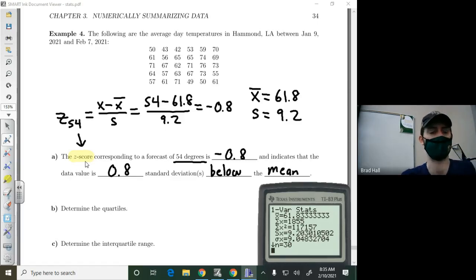So notice we interpret the negative as being below the mean. And this makes sense because the mean was 61.8 and our data value was 54. So a negative means that we are below the mean. How many are we below the mean? 0.8, the magnitude, not with the negative sign. And standard deviation always corresponds to the mean.